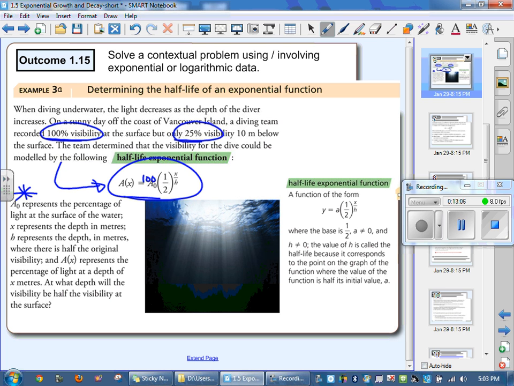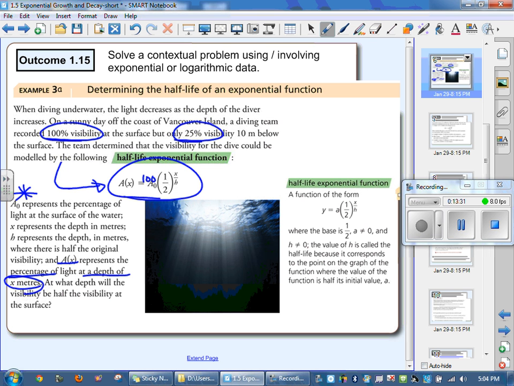Okay, so the h stands for half. Then they're telling us that on the left-hand side, the A(x) is representing the percent of light at the depth of x meters. So whatever meters you have of x, the A(x) tells us how much percentage you can see at that depth of x.